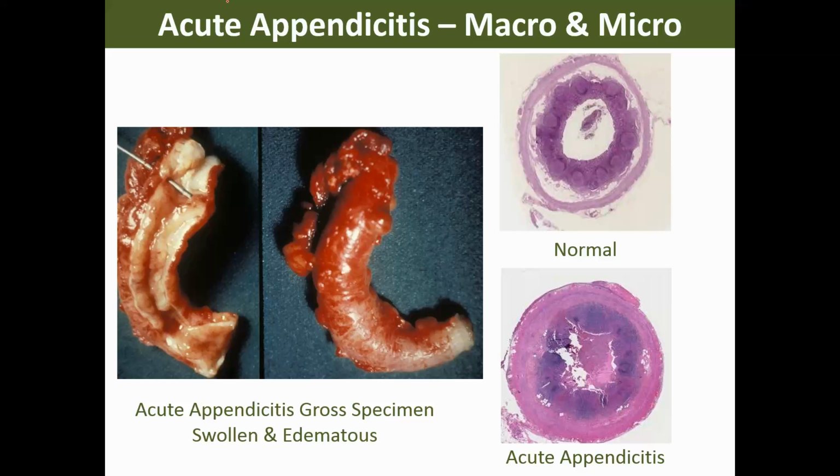Okay. So acute means something happening very fast, rapid, short duration of time, and itis means, you all know, it is inflammation.